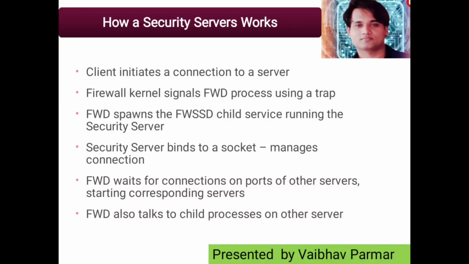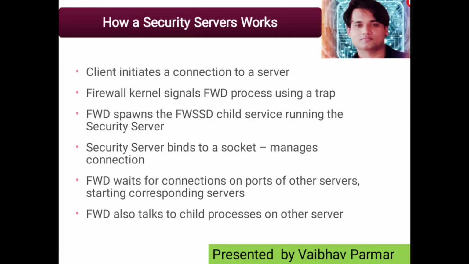So let's see how a security server works. Essentially, when a client initiates a connection to the server, the kernel signals the FWD process using a trap. The FWD process spawns the FWSSD child service, which runs the security server.